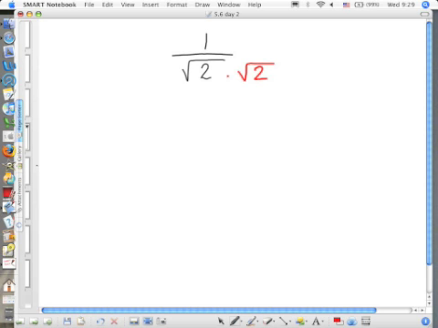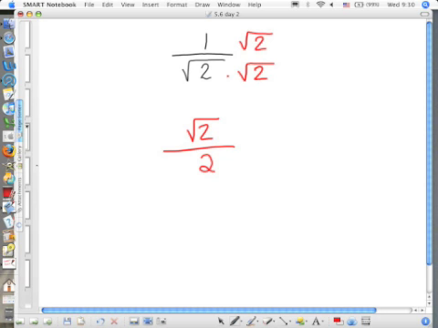But if I'm going to do that in the denominator, I also have to do it in the numerator so that I don't change the value of the fraction. So in the numerator, I have the square root of 2, and in the denominator, I simply have the whole number 2. You cannot have a radical in the denominator. Okay? All right.